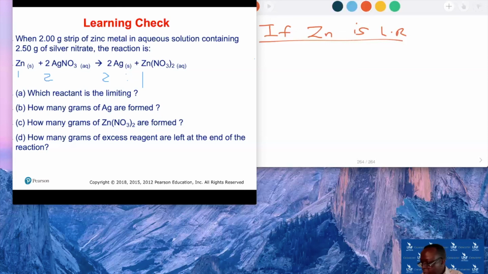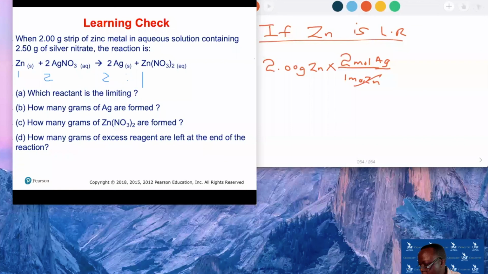We have 2.00 grams of zinc times, now we are using the mole ratio. Remember stoichiometry, the mole ratio between zinc and silver. For every 1 mole of zinc, 2 moles of silver are produced.